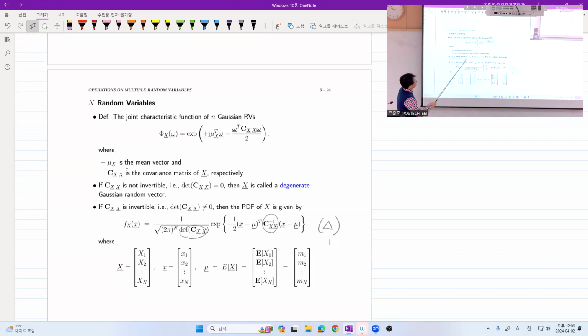So let's see. First, suppose the mean vector is the 0 vector, then we don't have this one. So again, due to the duality of the Gaussian function and its Fourier transform, they all, in absolute value modulus, have a bell shape.